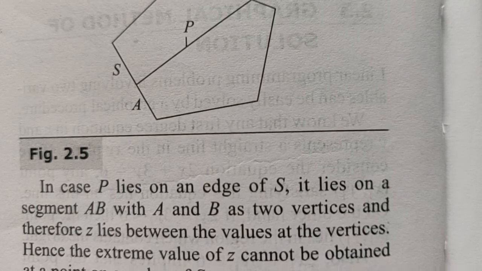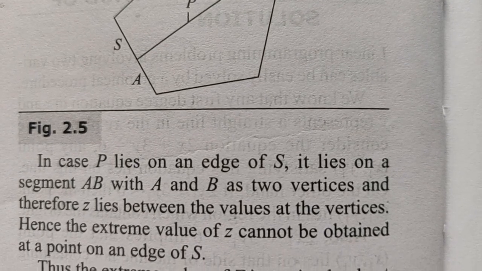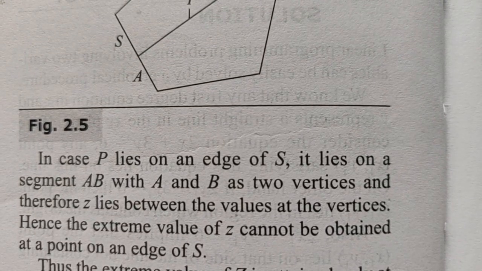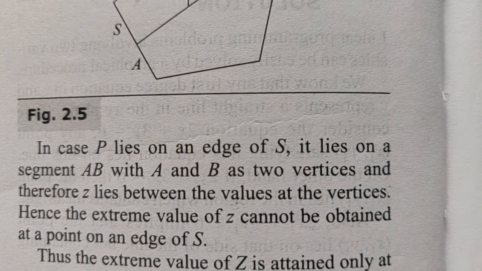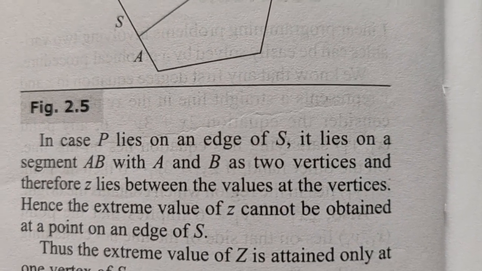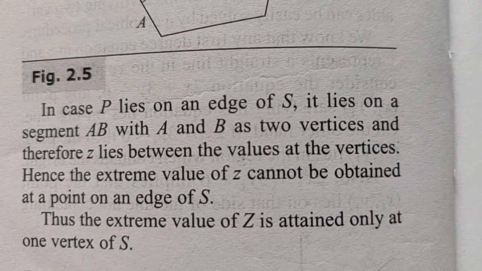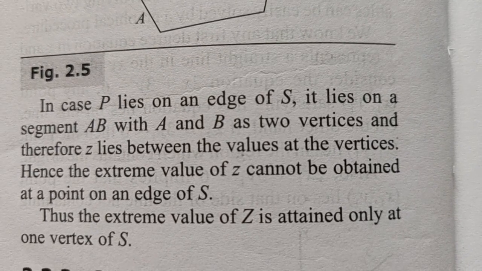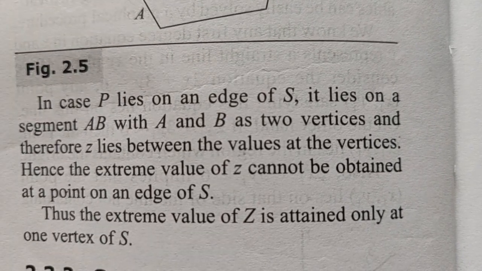Now suppose P is lying on an edge of S. That means it lies on the line segment AB with A and B as two vertices, and therefore Z lies between the values at the vertices.